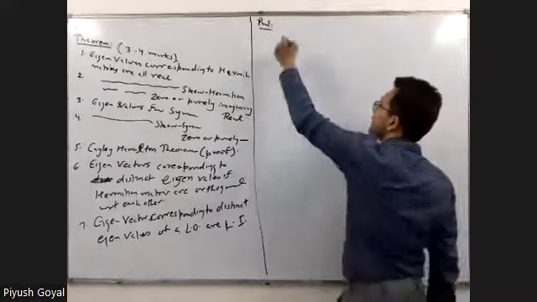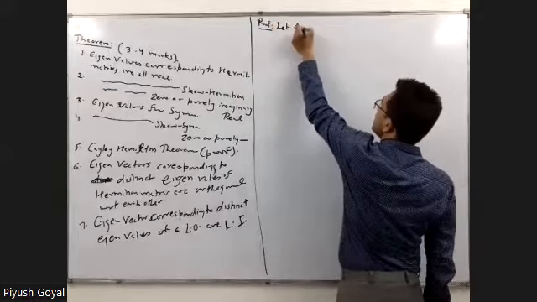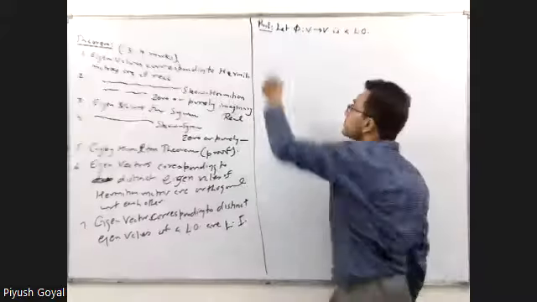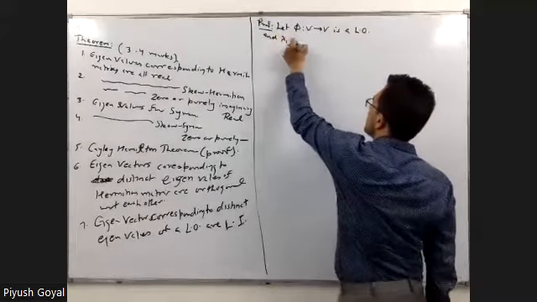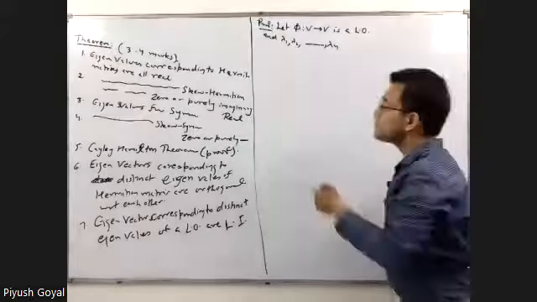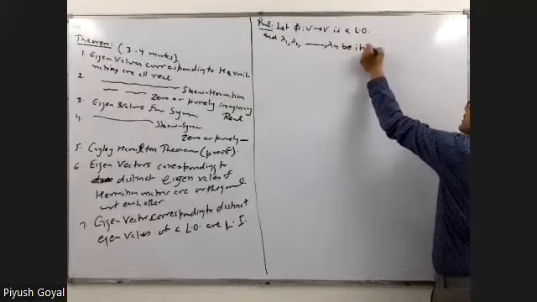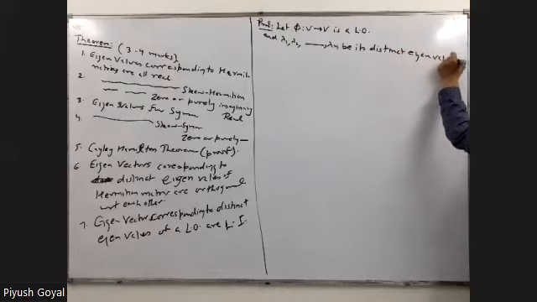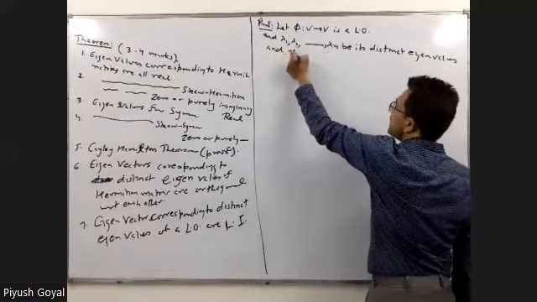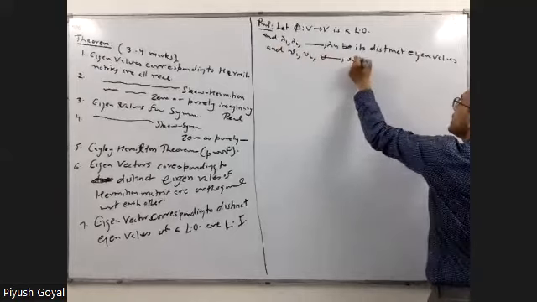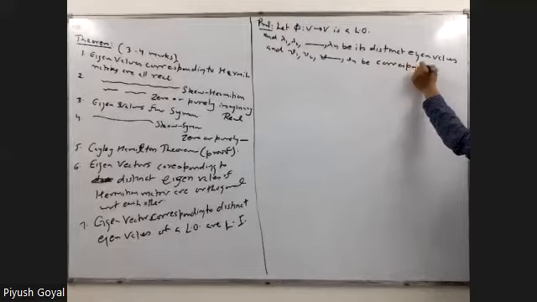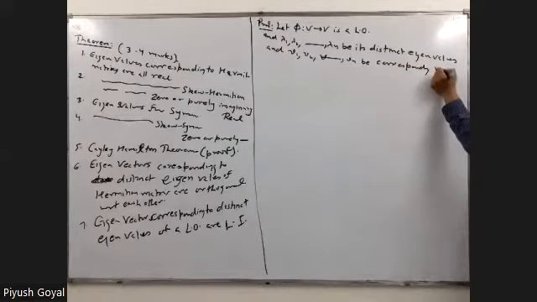The proof says that let phi from V to V be a linear operator and lambda 1, lambda 2 up to lambda n be its distinct eigenvalues, and v1, v2 up to vn be corresponding eigenvectors.